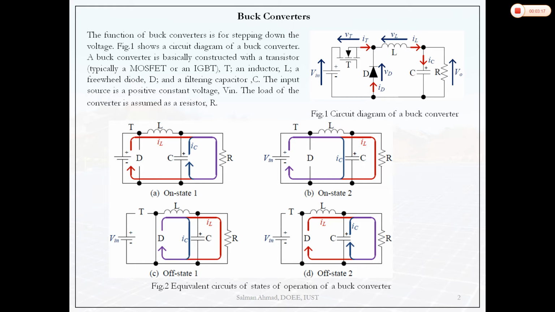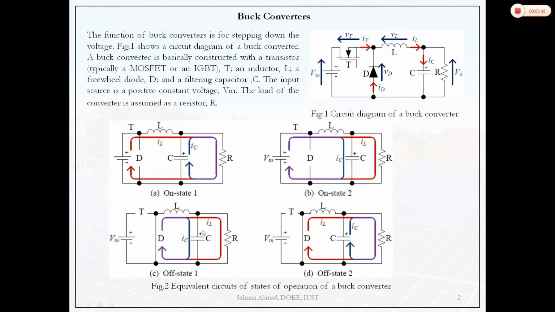So the input will charge this inductor, but this capacitor will also supply energy to this load. Both the input side and the capacitor will supply energy to this load. Similarly in the off state, the capacitor and the input side will supply energy to this load.